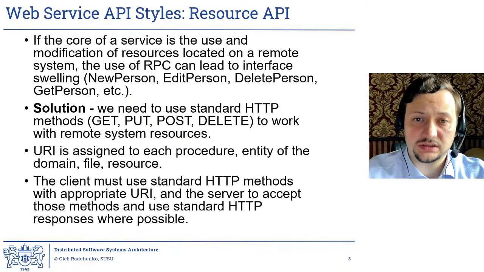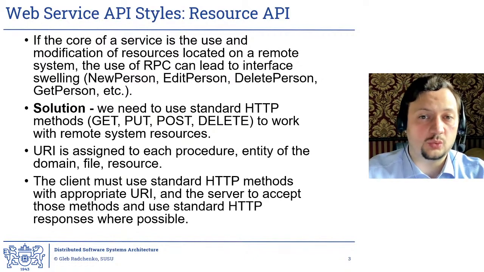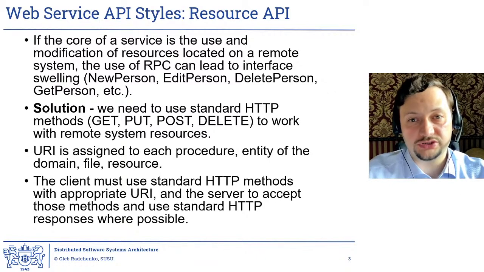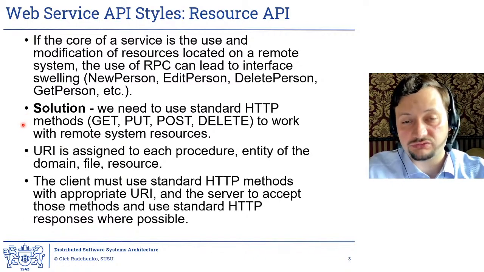In this case, we need some common way to work with remote resources. Especially, we need to read them. We need to manage the information about them. We need to delete these remote resources.